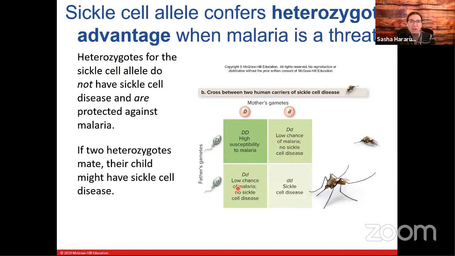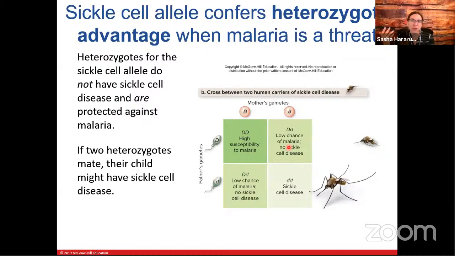In heterozygous individuals, some proportion of the red blood cells will be misshapen due to this recessive allele for sickle cell disease. Because of that, these people are not going to transmit the malaria further, because Plasmodium will not survive in their partially oxygen-poor blood.